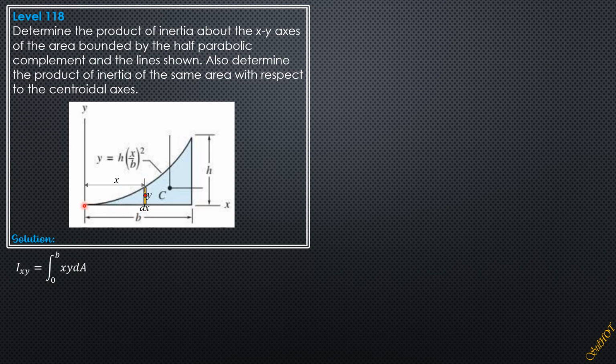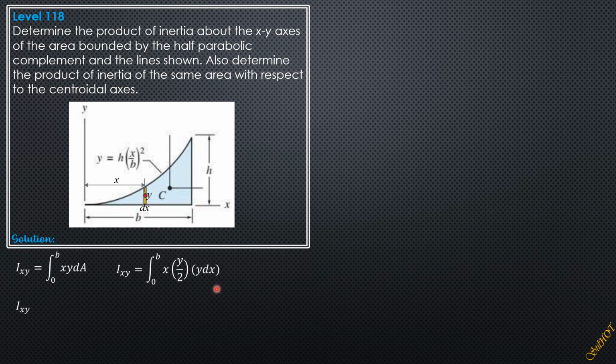The x coordinate of the centroid of the element is just x, and the y coordinate is y over 2. So Ixy equals the integral from 0 to b of x times y over 2 times the differential area y dx.